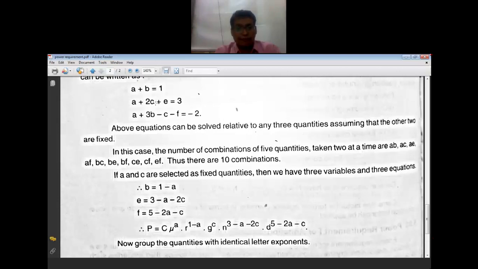e, and f. So you will get mu raised to a, then rho raised to 1 minus a, g raised to c as it is, n raised to e, which is nothing but 3 minus a minus 2c, and d raised to f, which is nothing but 5 minus 2a minus c.